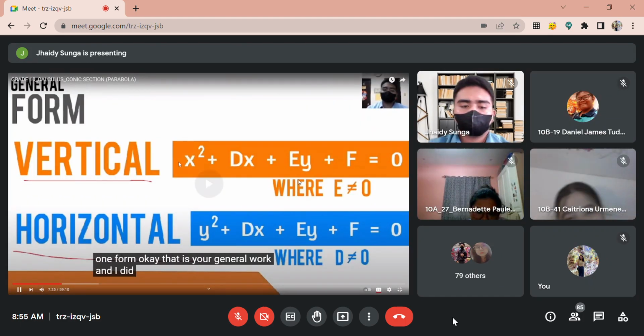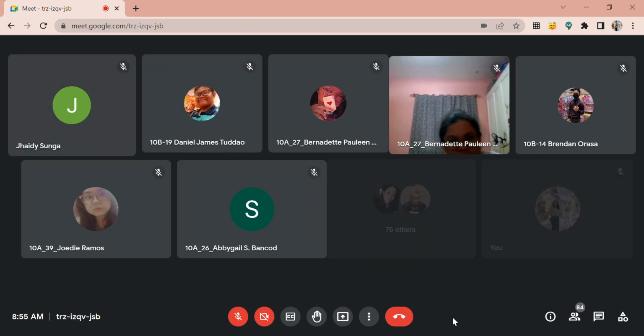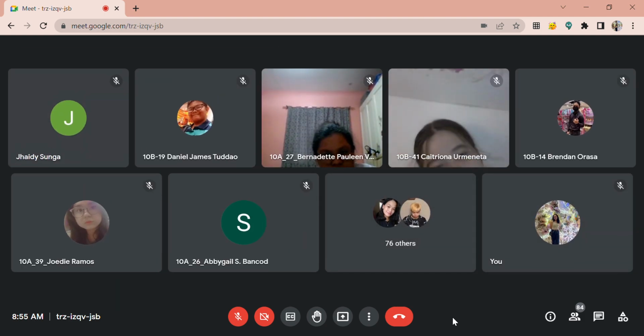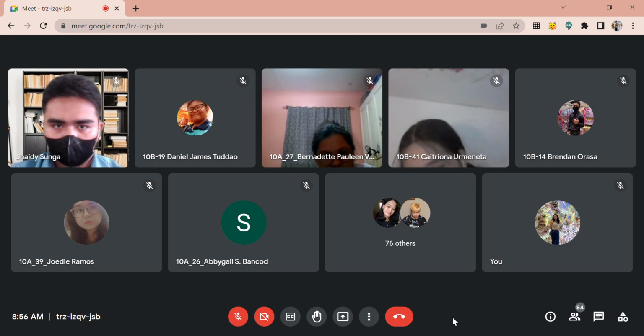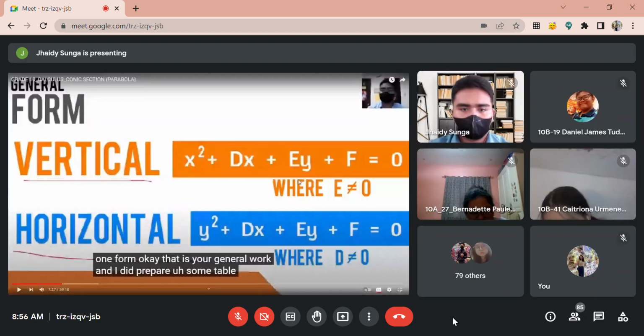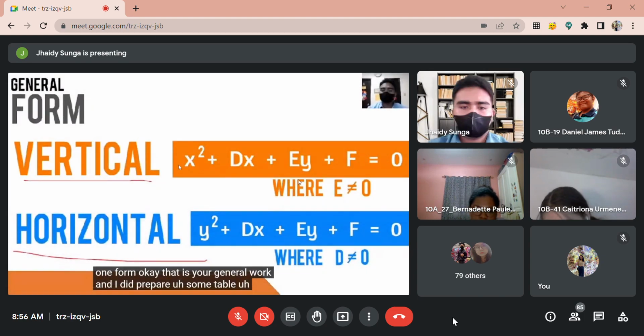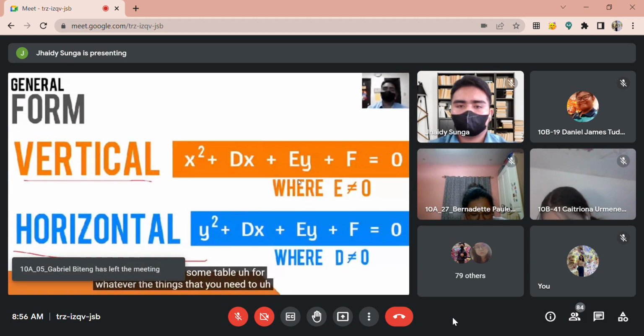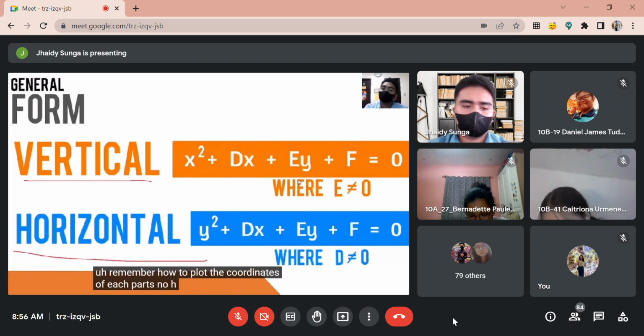Did prepare some table for the things that you need to remember, how to plot the coordinates of each part of the parabola.